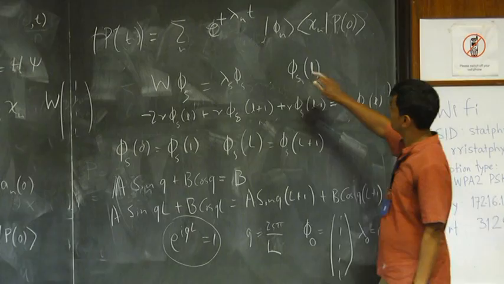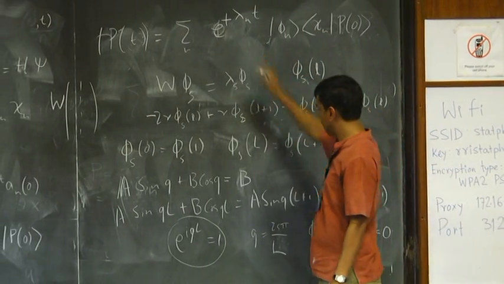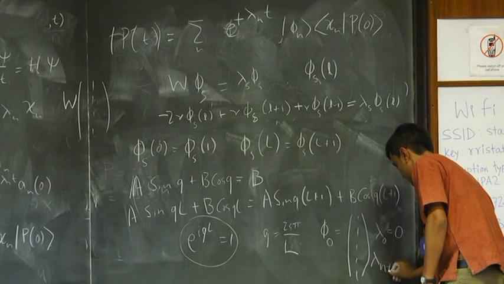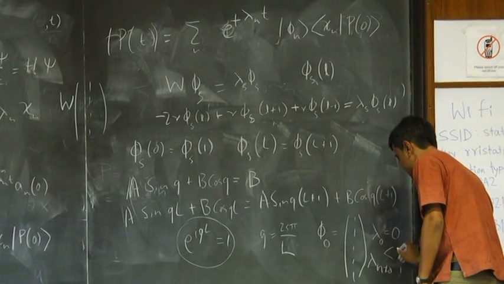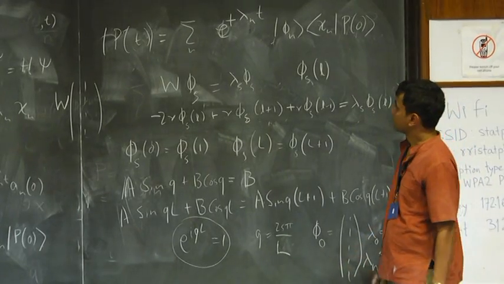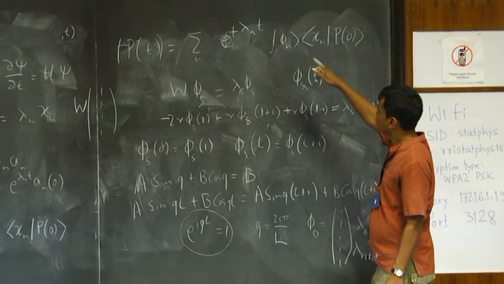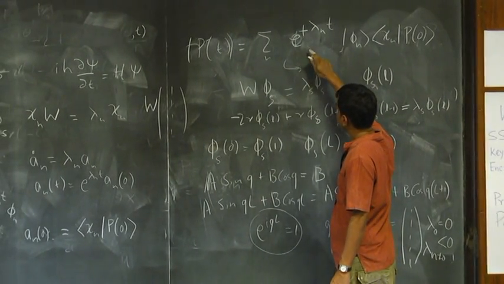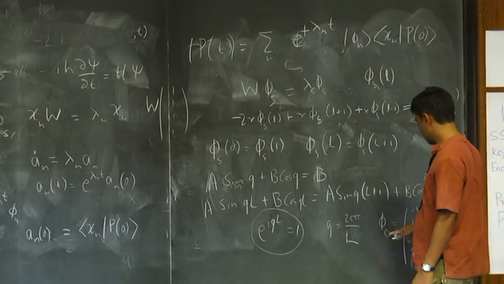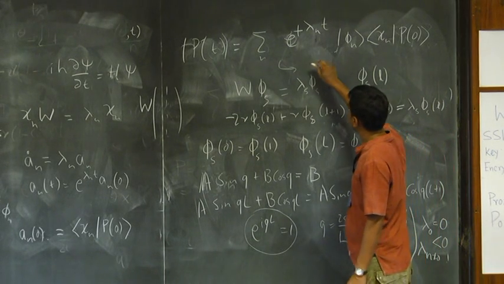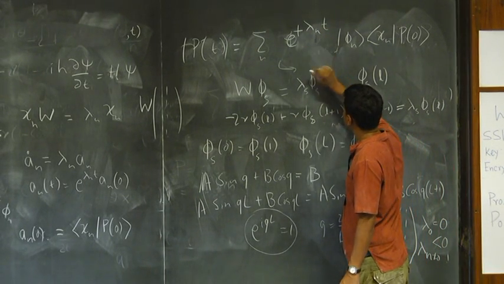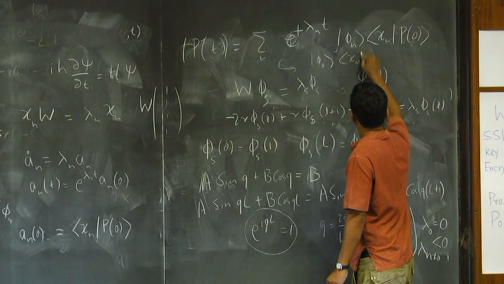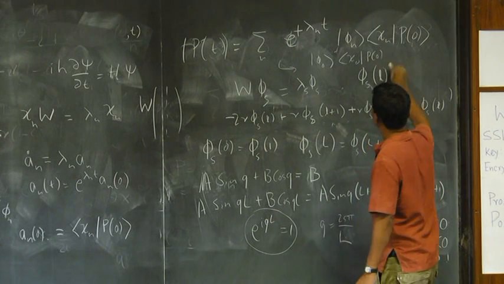Okay, so one eigenvector is very simple, and now what you see is that at very long times all the other lambdas are all less than 0. So at long times this will basically go to this phi 0, so there won't be any time dependence, and you will just get phi 0 chi 0 p 0.